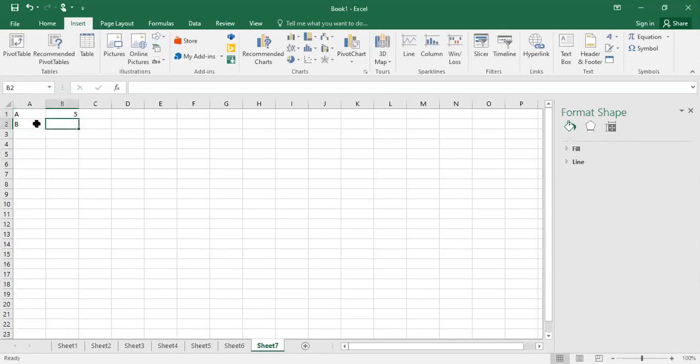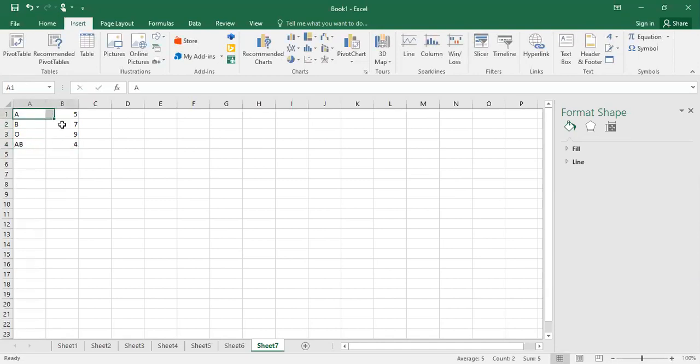Then B, the frequency for B is 7. Then O, the frequency of O was 9. Then AB, the frequency for AB is 4.